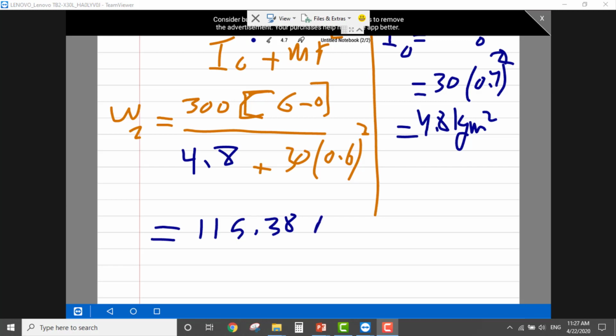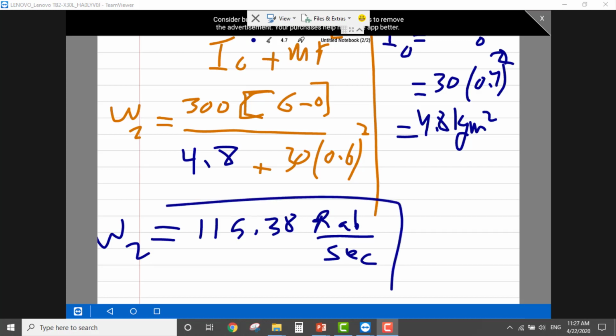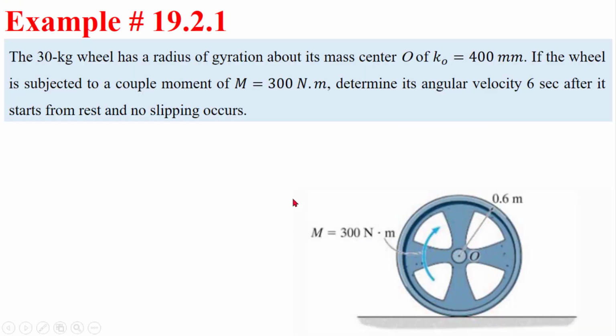This is omega, the angular velocity at state 2. As simple as it is. So let's check the answer. So here is the answer, 115.38 rad per second.